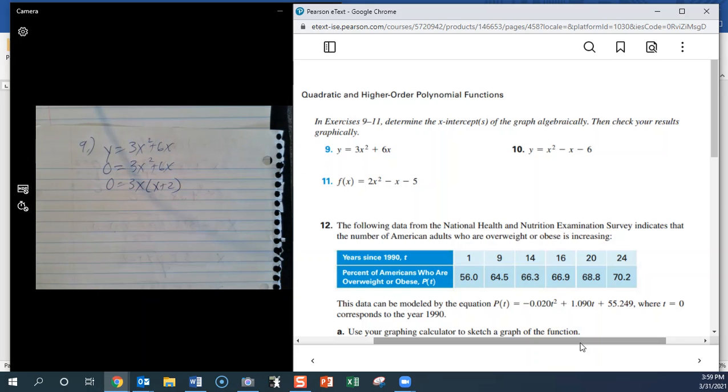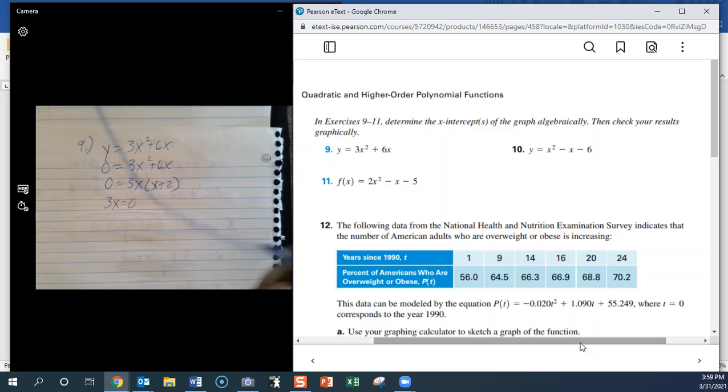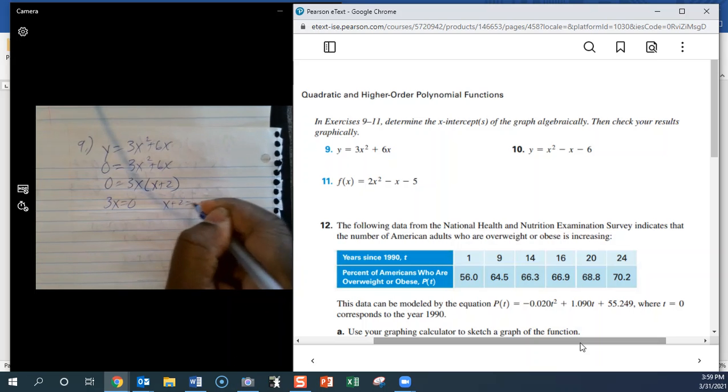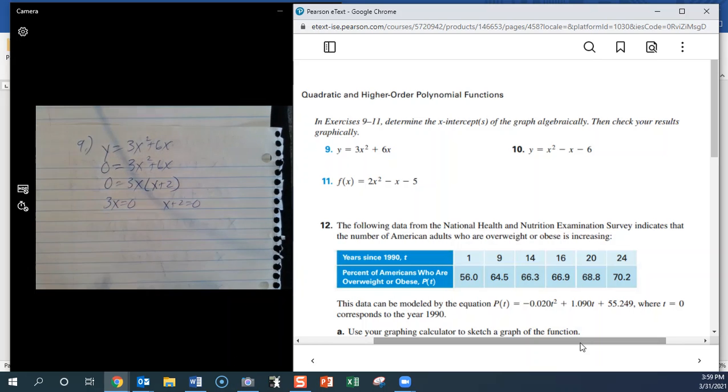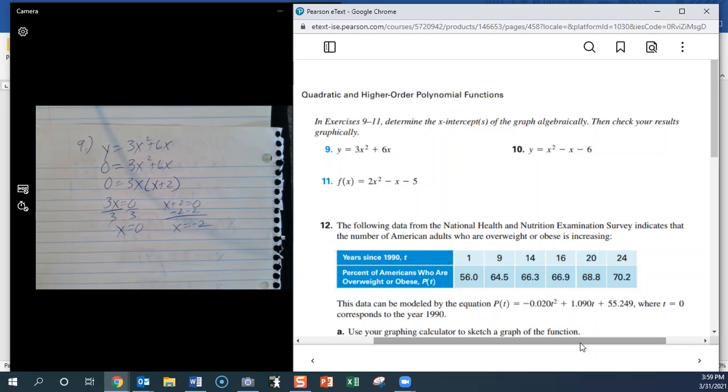Now we would set both of these equal to 0. So we have 3x equals 0 and x plus 2 equals 0. And then we would solve for x. Divide each side by 3 and x equals 0. Subtract 2 on both sides, and x equals -2.